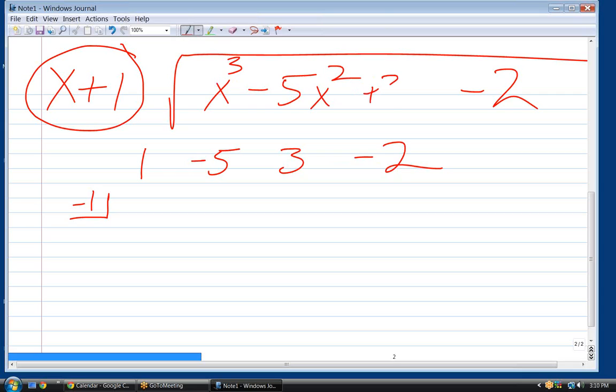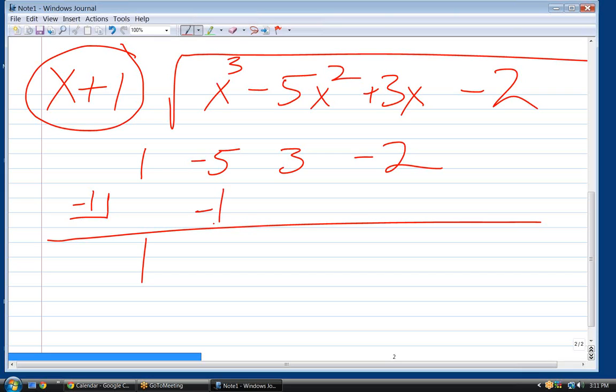But since we have an x cubed, an x squared, an x, and a number, I can do it like this. Okay, so that's the way you start. Draw a line. First step is you bring down the 1, always. Bring down whatever that number is. Next step is to multiply that by that and put it there, and then add and repeat.